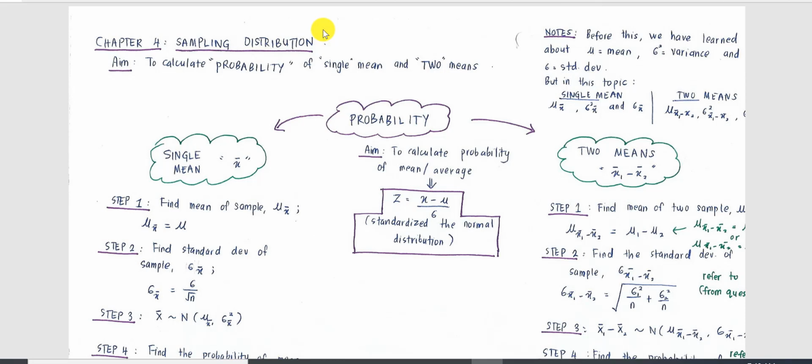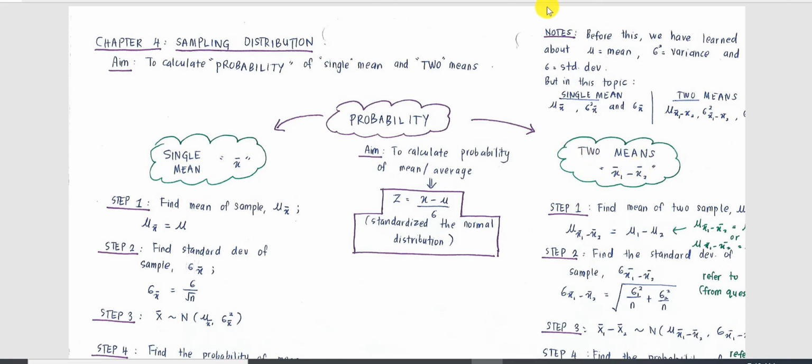So this is called the sampling distribution. From the population, we just take a sample. Now in this sampling distribution, we have the single mean and also the two means.